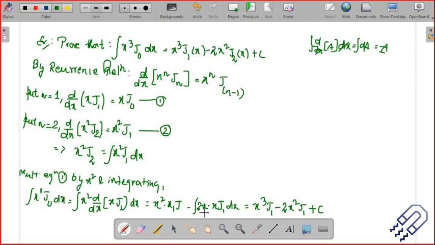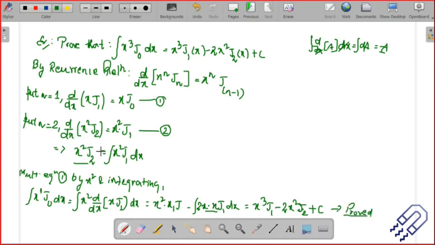So the 2 can be taken outside. The integration of x^2 J1 dx is x^2 J2. So this will be x^2 J2. You see, these steps we sometimes miss and it becomes a bit confusing. That's the proof. Proved.